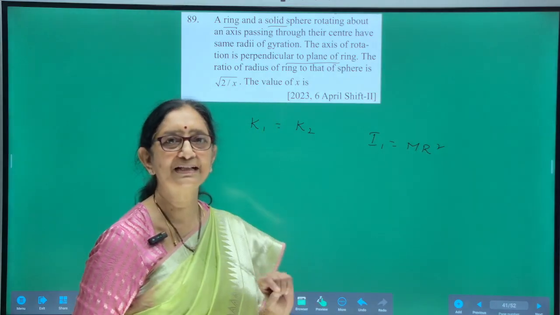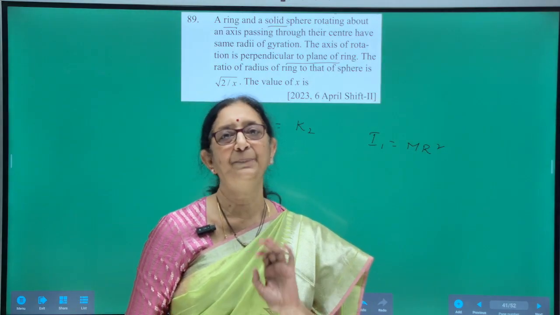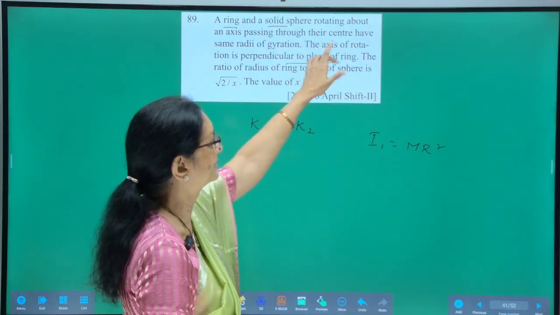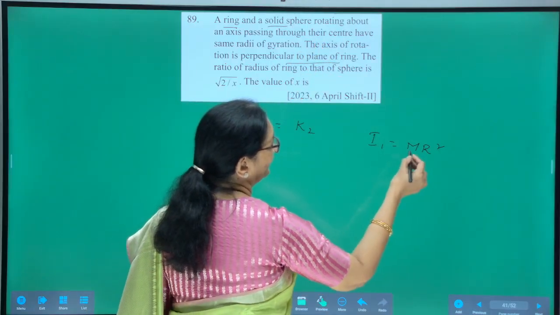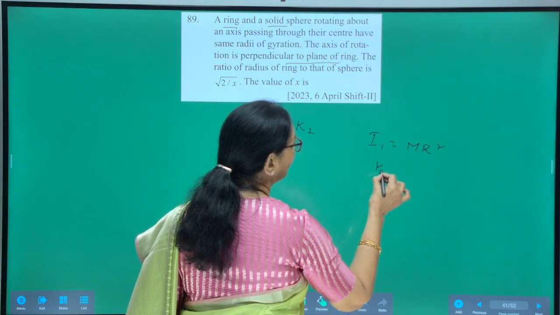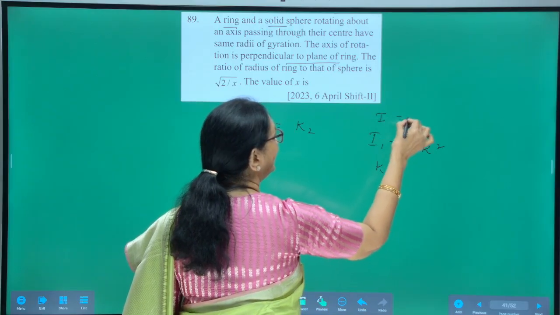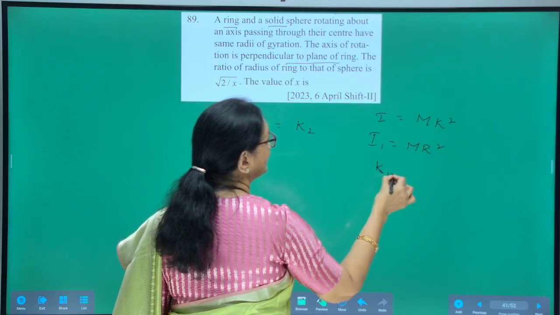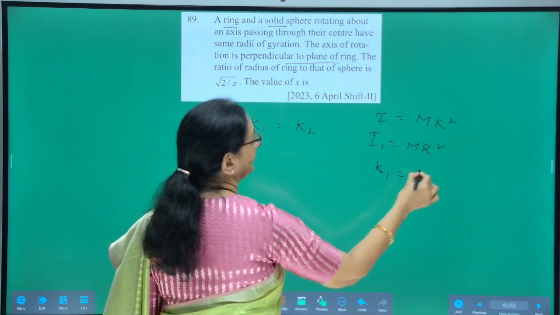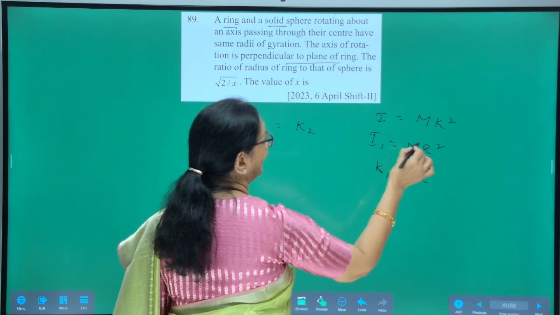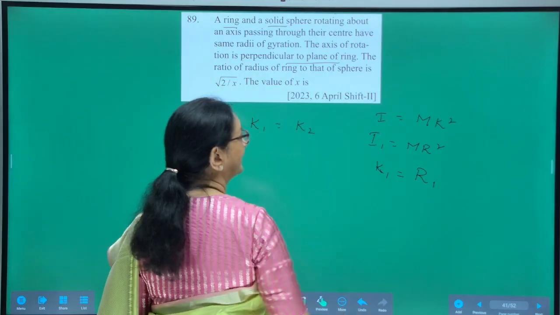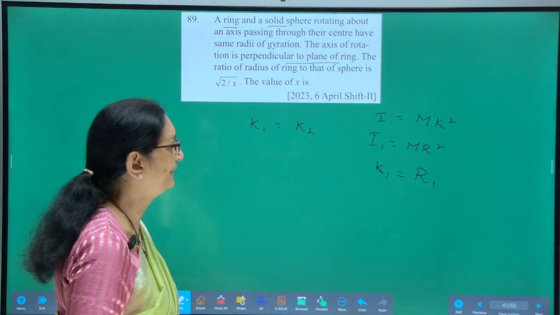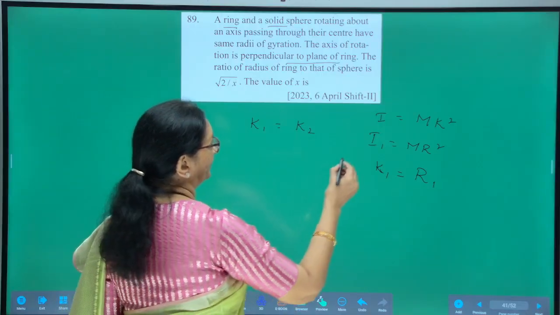The axis passes through the center perpendicular to the plane. So, I1 is mr square, from which we know for any object I is mk square. Just on comparison, radius of gyration of the ring is r. Let us take the radius of the ring as r1, k1 is equal to r1.